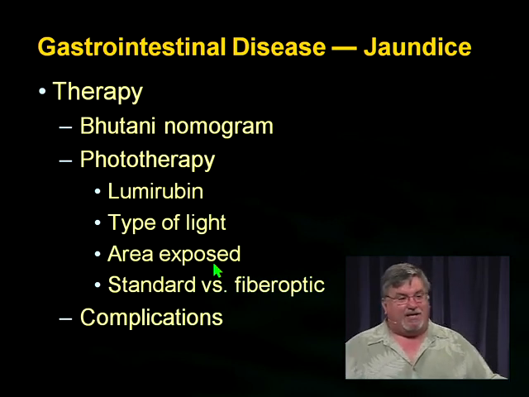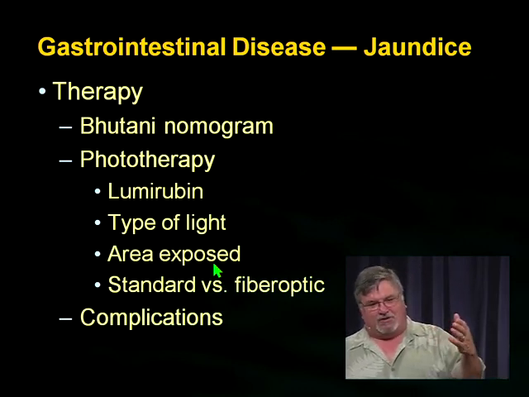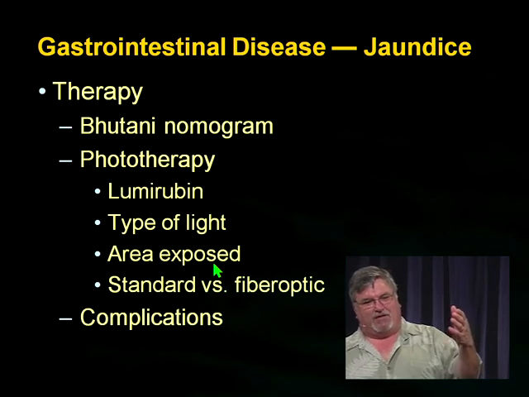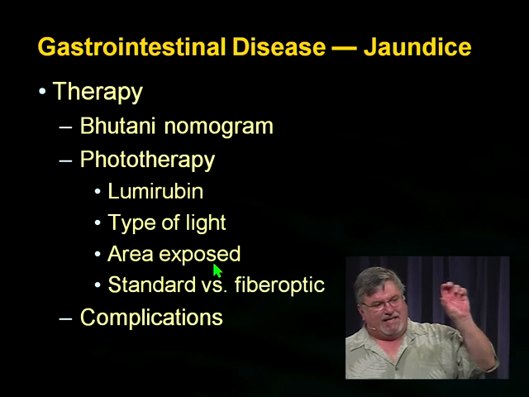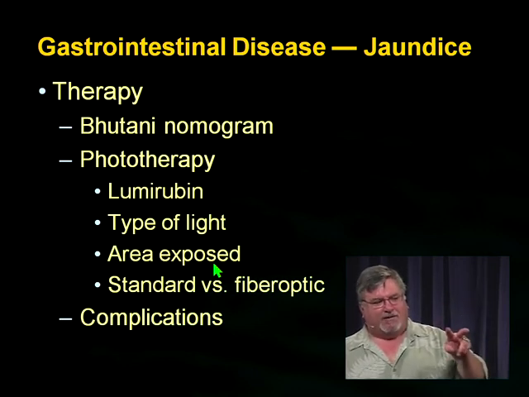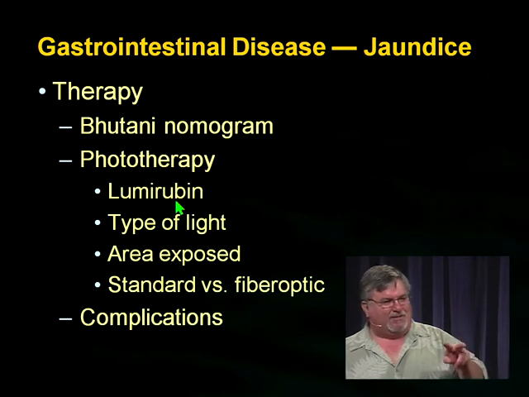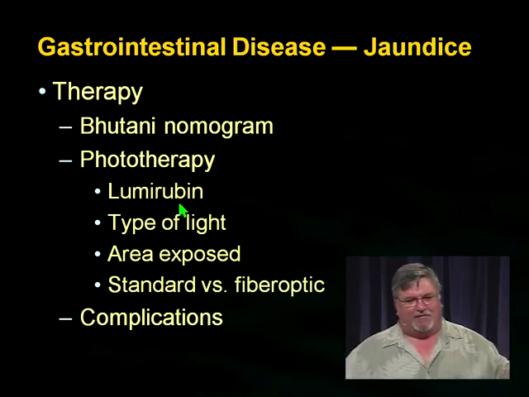So you want to be a hero in your nursery? Walk over to the light fixture that gives the phototherapy, and if they're fluorescent bulbs, look at the end of the bulb. The beginning of the number should have two B's in front of it, BB, for bilirubin something or another. I don't remember what the other B's for. Bilirubin blue, I think. If they don't have BB, they're the wrong light bulbs. Be a hero. Okay, enough evangelizing.